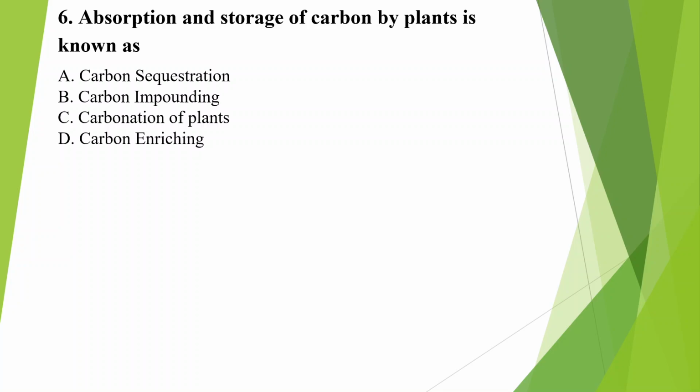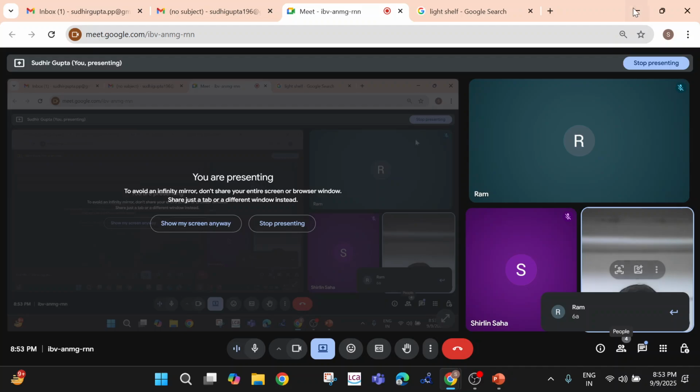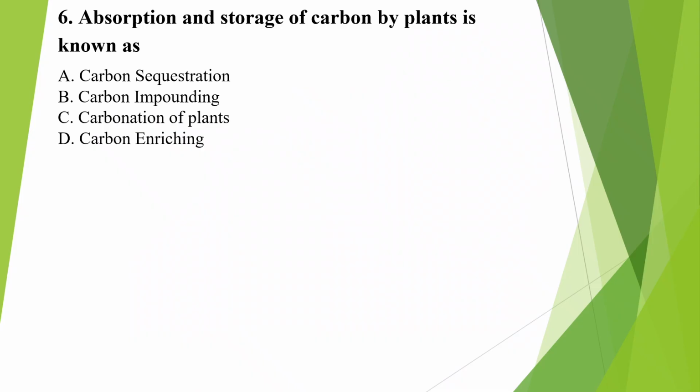This discussion I have already made, and I hope all of you will be able to answer this question correctly. 6A, as I can see, has been marked by most of you. 6A is the correct answer, carbon sequestration, because the whole process of carbon sequestration was discussed with you all in the sample problem questions today. It absorbs the CO2, then stores it in the biomass and in the soil, and the whole process is called carbon sequestration. Fine.